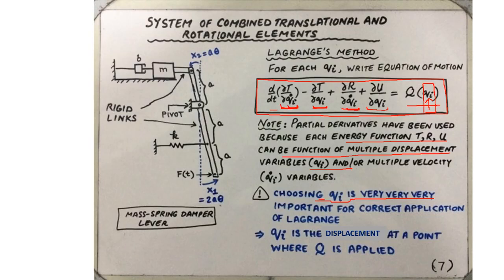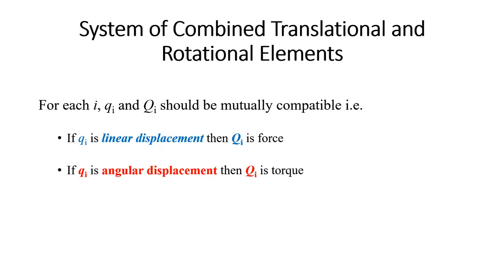And further emphasizing, in fact reiterating, the fact that qi is taken as the displacement at a point where Q is applied. Additionally, Lagrange's method asserts mutual compatibility between the displacement variable and the corresponding loading function Qi.